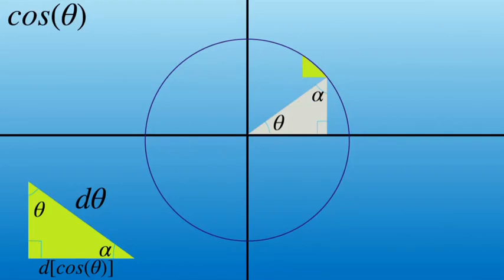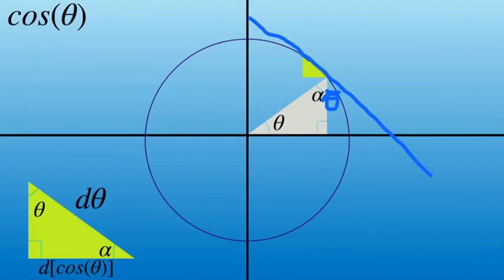So that means if this is, let's just take a tangent line over here that's perpendicular to this hypotenuse, or radius, whichever you like. It's a unit circle. That must mean that this angle has to be theta.